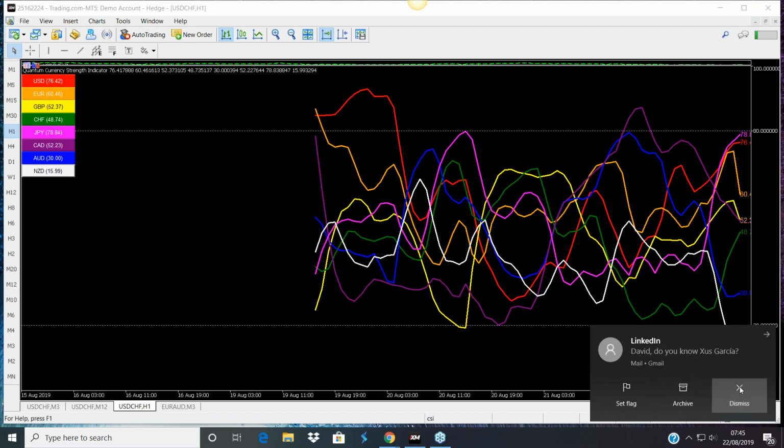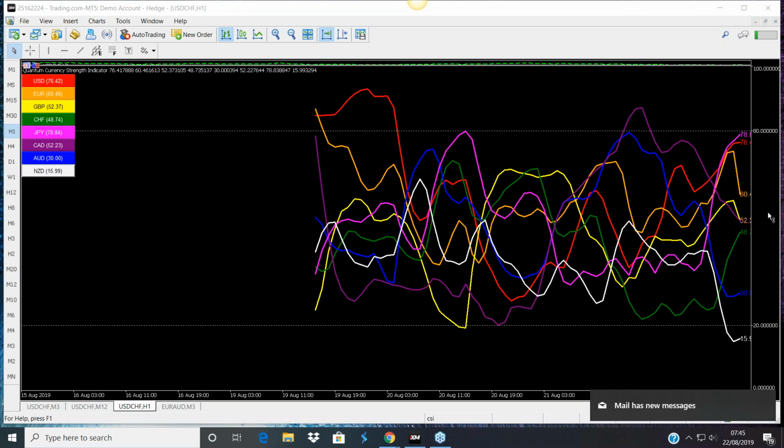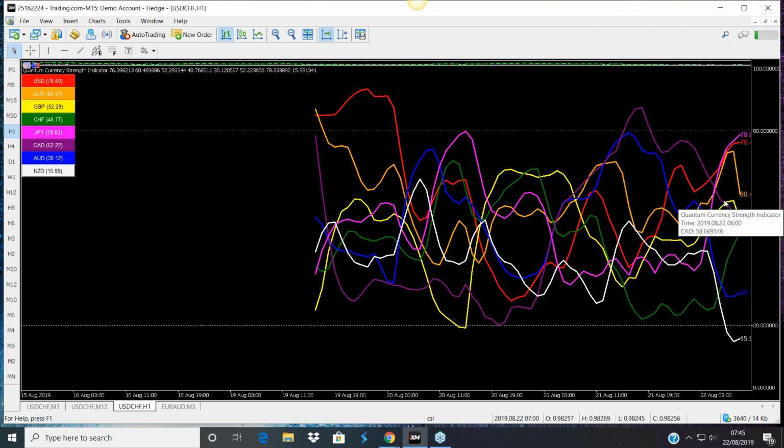What I'm looking for on this particular indicator is a degree of divergence. What I don't want to see is lines moving in parallel, because that tells me that on this chart we have congestion. When they're moving together, there's no divergence.